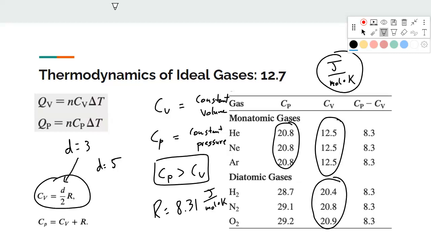They have 5 directions they can move in, X, Y, and Z, and then they can rotate in 2 different ways that make them look different. And so as a result, the constant volume heat capacity is 5/2 R. And then we just have to add an extra factor of R to get the constant pressure heat capacity, which is bigger because that involves all of the heat going into temperature change.